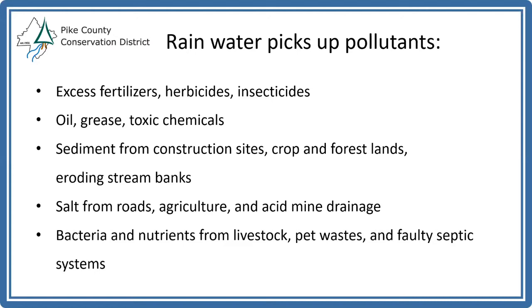So in the winter, we put a lot of salt onto our roads so that we don't slip and slide on our sidewalks. And all of that's getting picked up because it's just sitting up there on those impervious surfaces. And then bacteria and nutrients can come from livestock and pet waste, and also faulty septic systems. Septic systems can be a major source of non-point source pollution.